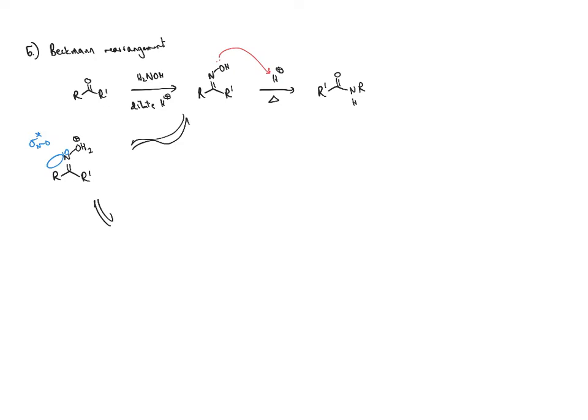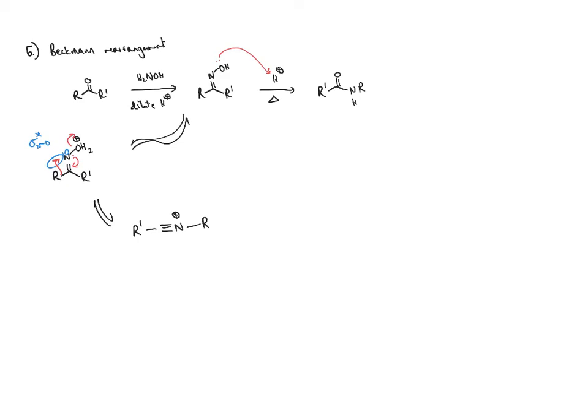And so what can happen here is you can get a migration of the carbon-nitrogen bond into that sigma star nitrogen-oxygen orbital, displacing water at the same time that the nitrogen lone pair is moving down. So what you're going to generate here is an R carbon triple bonded to nitrogen, singly bonded to an R group.